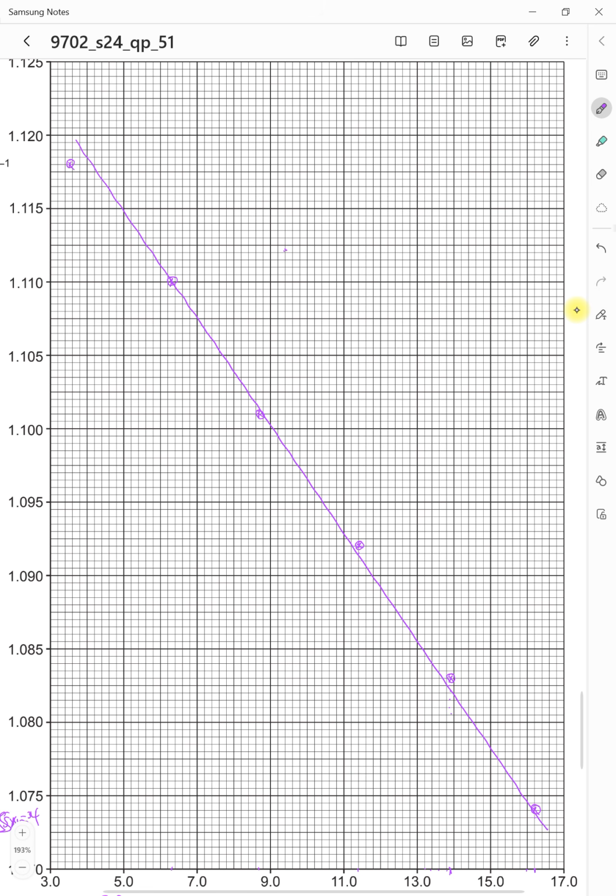So when I look at this line, I think this is not the best. Let me change this.